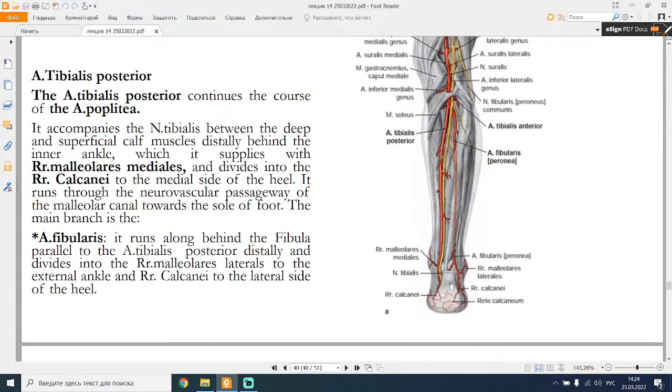Rami calcanei medial and lateral form the rete calcaneum. Arteria fibularis.